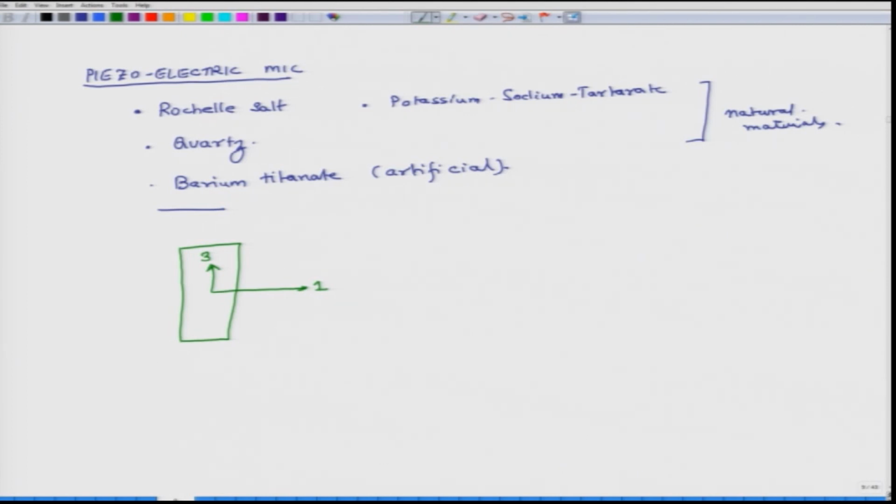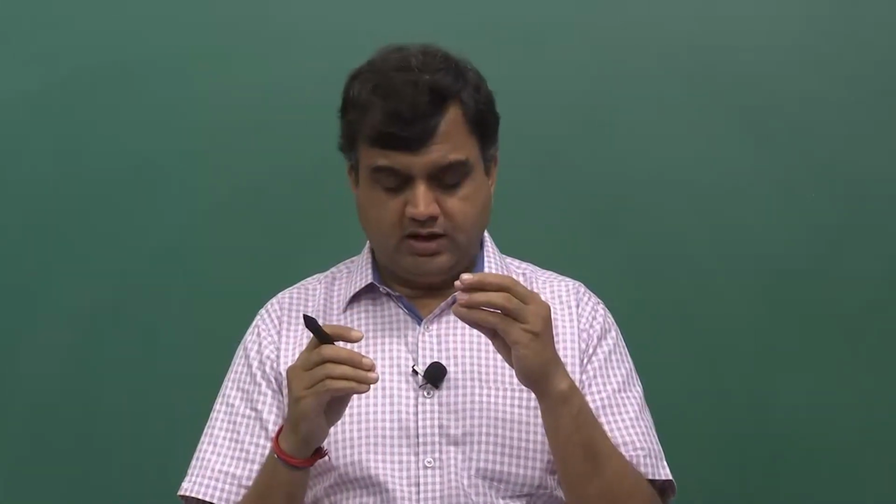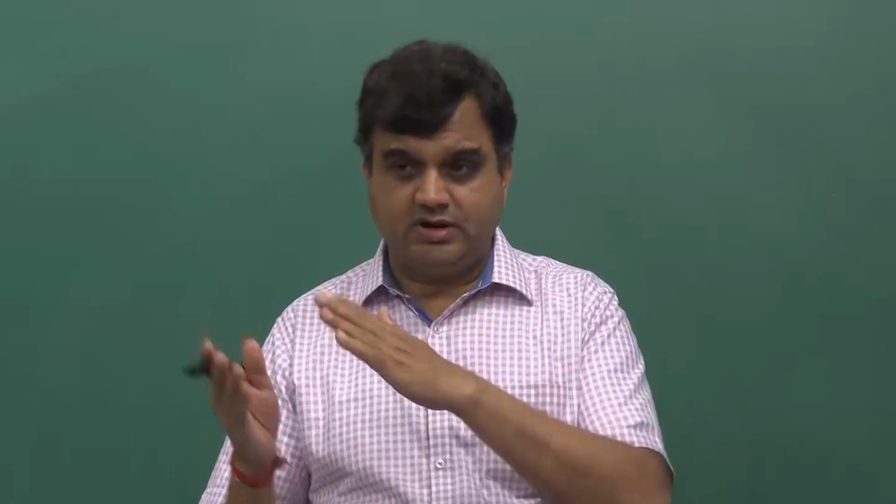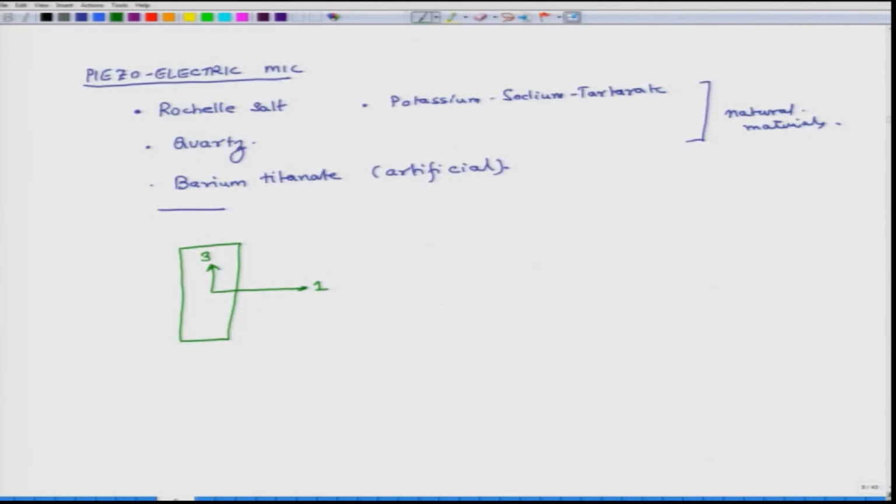I have to look at the structure of the material under a microscope, and the particles and molecules will be aligned and ordered in a particular direction. Based on the ordering of these molecules in a crystal-like structure, I will figure out from my observations which is a natural axis of this crystal, and I can label one as axis number 1, this as axis number 2, and the axis which goes in this direction as axis number 3.